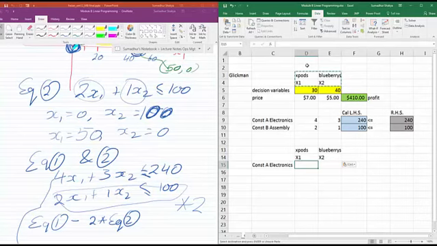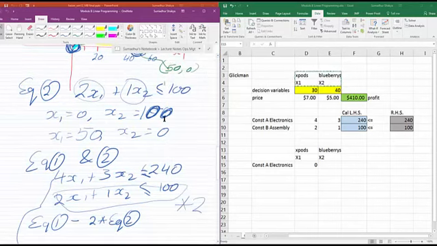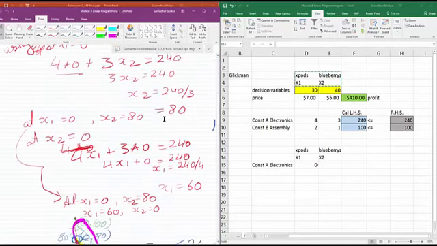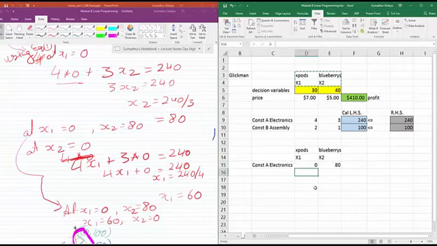So at x1 equals 0, x2 was 80, and when x2 was 0, x1 was 60. Now this was for equation 1.